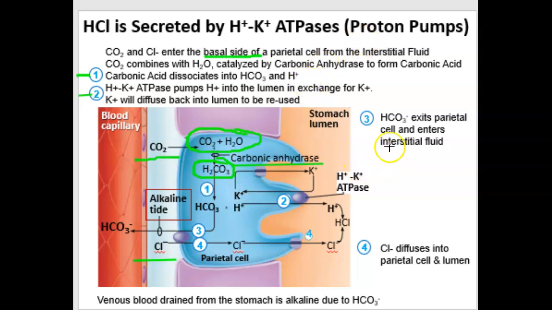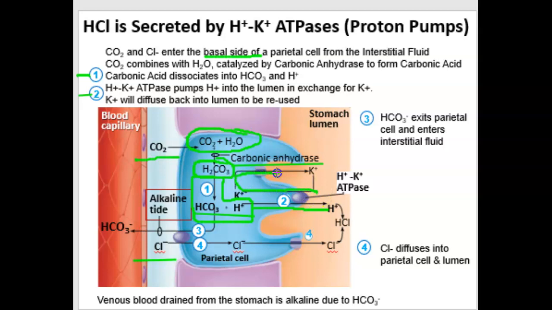So, after that has happened, now we're going to produce the hydrochloric acid into the lumen. And what are the steps? Well, the first thing that has to happen is the carbonic acid has to dissociate, has to break down into bicarbonate and hydrogen. Then, using ATP as a fuel source, this proton pump will pump the hydrogen out into the lumen in exchange for potassium.